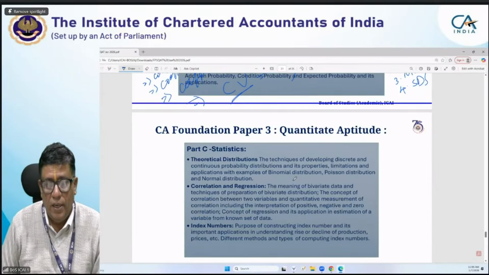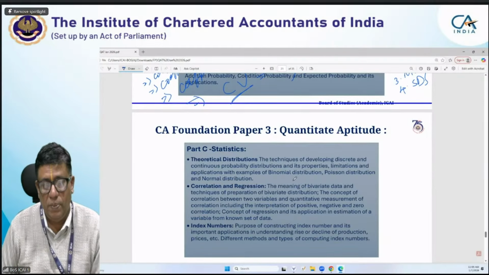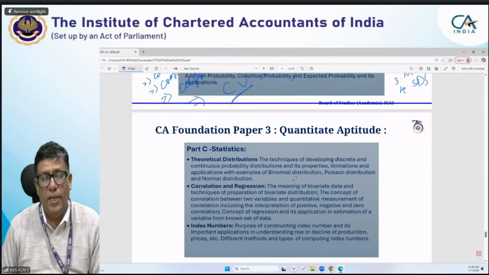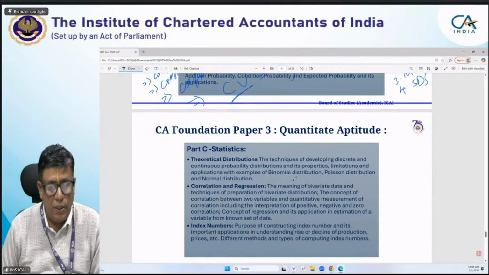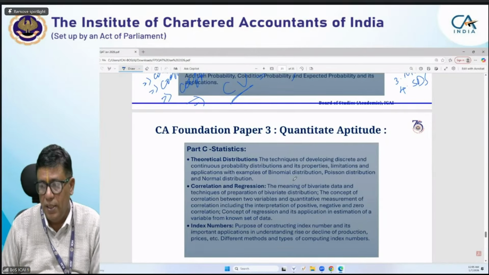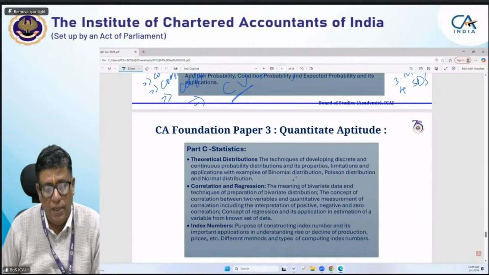It covers discrete distributions, their properties, limitations and applications, with examples of binomial and Poisson distributions. For continuous distributions, from the syllabus point of view, the normal distribution is discussed with its properties and function, and the mean and standard deviation formulas are also given.